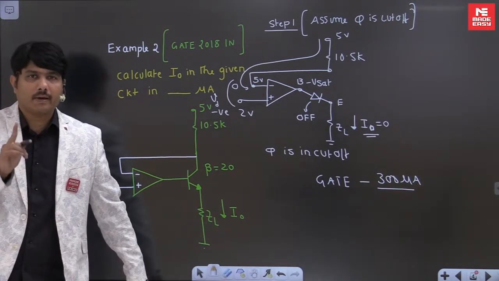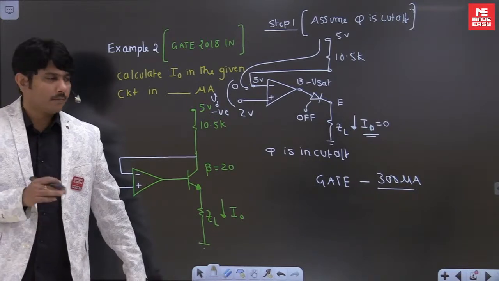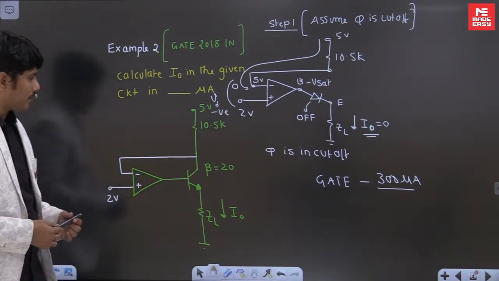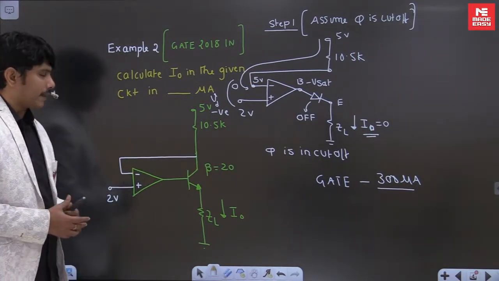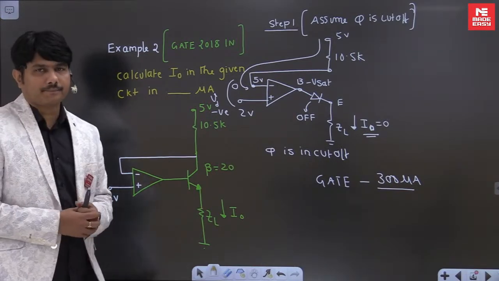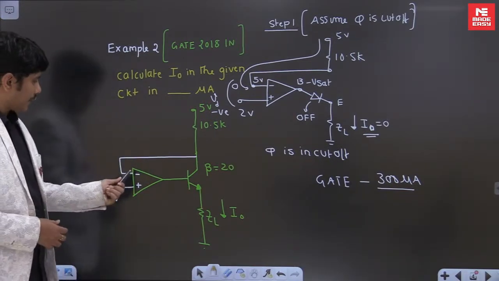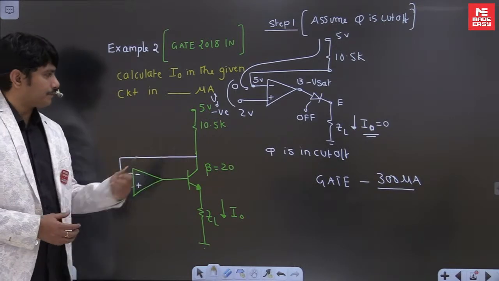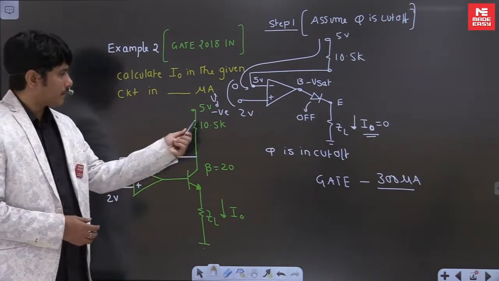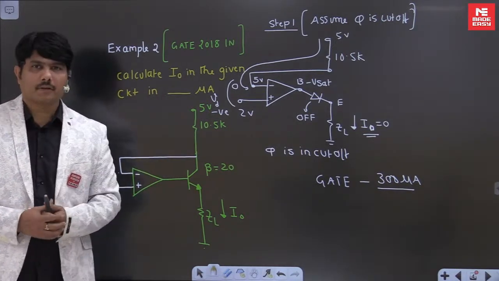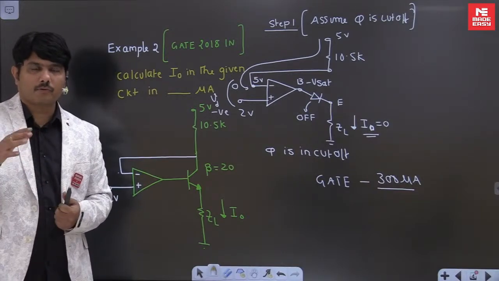What is the reason 300 microamps is coming? Most students make the mistake by seeing this negative and feeling that it's a negative feedback. If you feel this is a negative feedback, this 2 will come here and you will find some IC current, some around 2.83 milliamps.